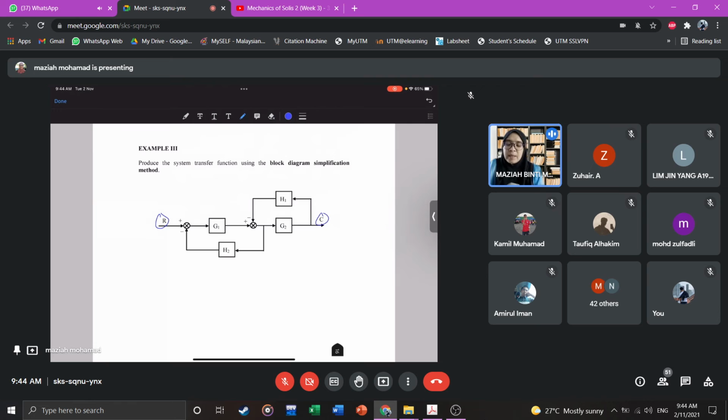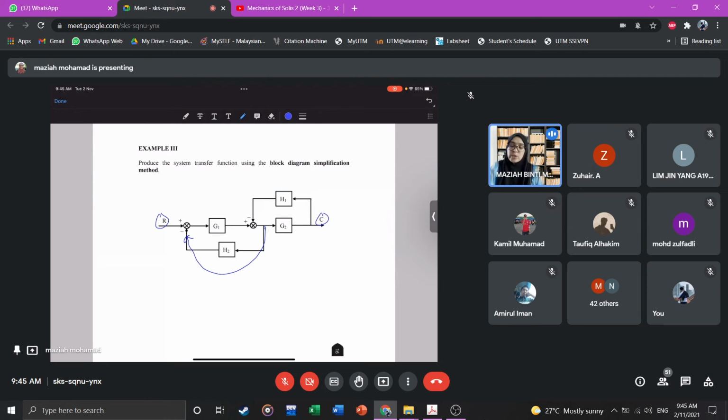Okay, let's determine what kind of parallel block we have here. If you can see, these are all feedbacks. This one here is toward the feedback, toward the input, to the back. This one also is feedback. So we're going to simplify the block using feedback rules.